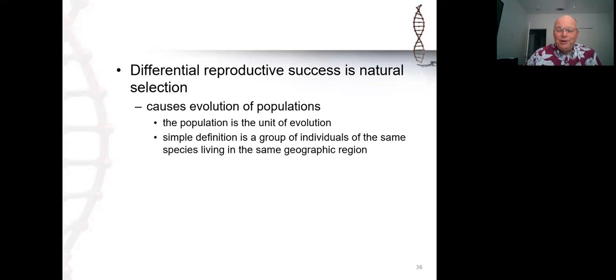This is an important observation. Notice that we're not talking about individuals evolving. We're talking about populations evolving, and we'll be talking about that idea in an upcoming chapter. It's a very, very important idea. The unit of evolution is not an individual. Individuals do not evolve, but the makeup of the population does. So it's not individuals that change, it's the nature of the population that changes.